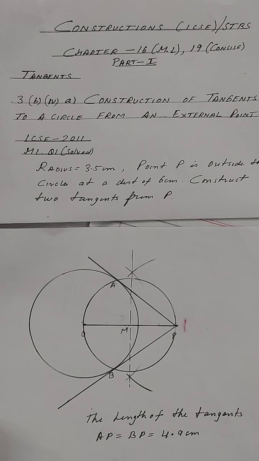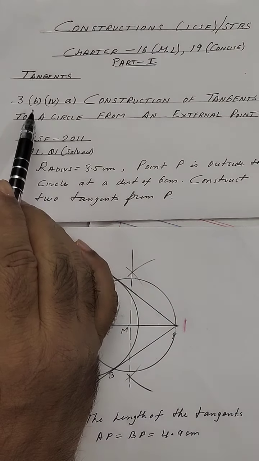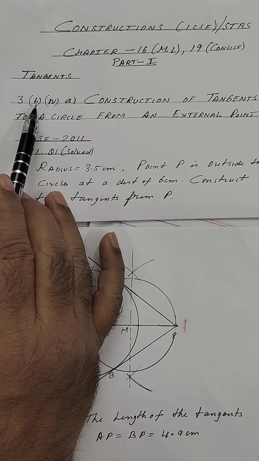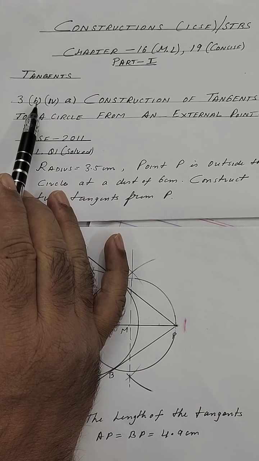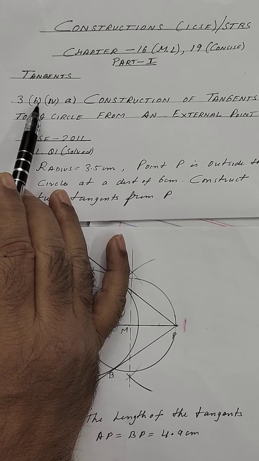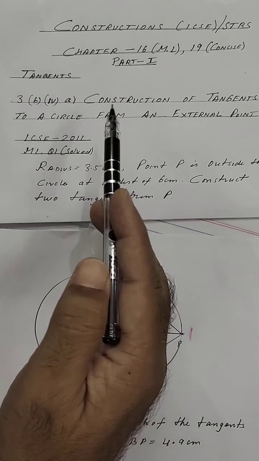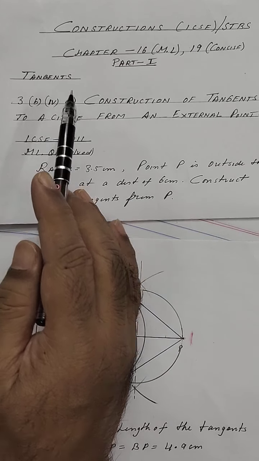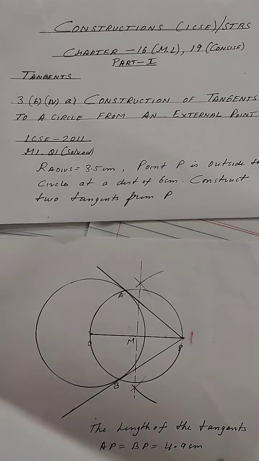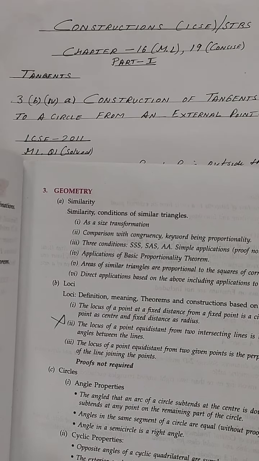If you see the book, it has been revised and reduced, and it was 3C in the old book. 3B was loci and it is out, so 3C has become 3B. This is circle construction, and part 4 is construction. If you see part A of the syllabus, this is what you will have in your book.